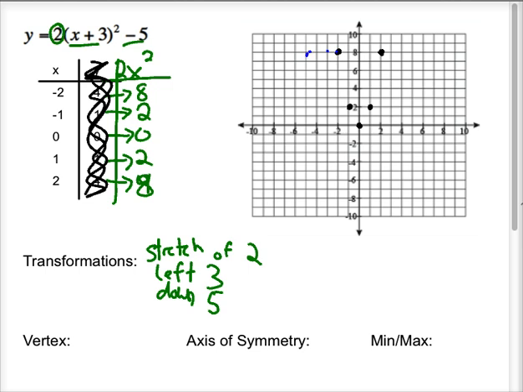Down 5: 1, 2, 3, 4, 5. Left 3, down 5, for each of the points.